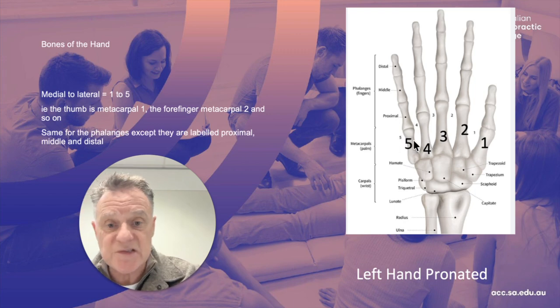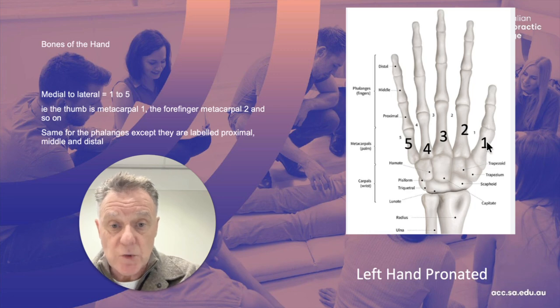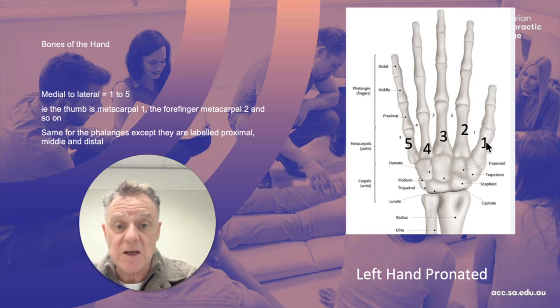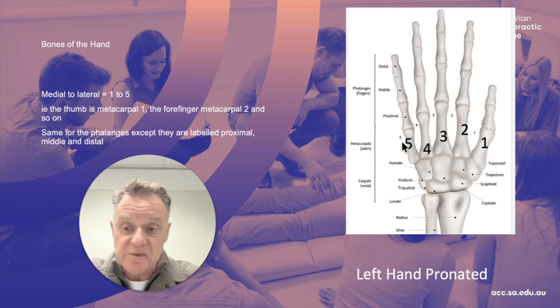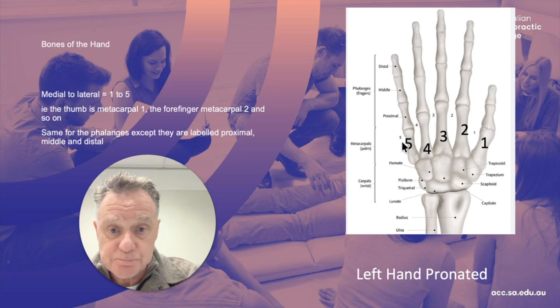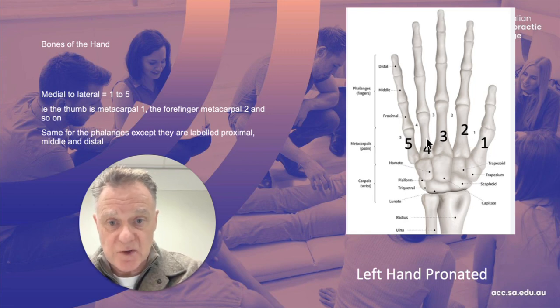Of course, don't use that terminology, but I'm just giving you some landmarking perspective. The thumb is 1, the index finger is 2, the middle finger is 3, the ring finger 4 and the little finger 5. But from here on in, I'm just going to refer to them as digits 1, 2, 3, 4 and 5.